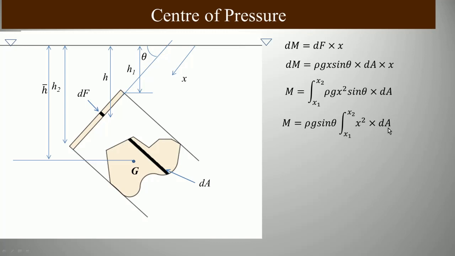Now the integral of x squared dA is nothing but the second moment of area about an axis perpendicular to the x-axis, which is away from the sheet of this board. So it is rho g sine theta into Iyy. Here y is perpendicular to this x direction on the surface.